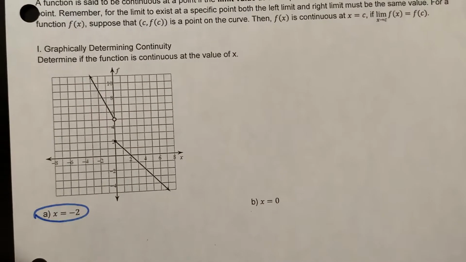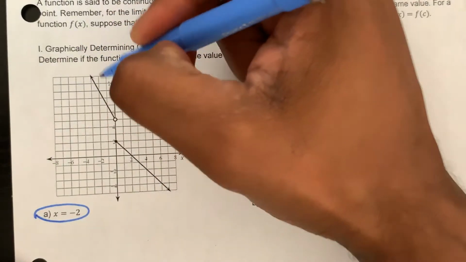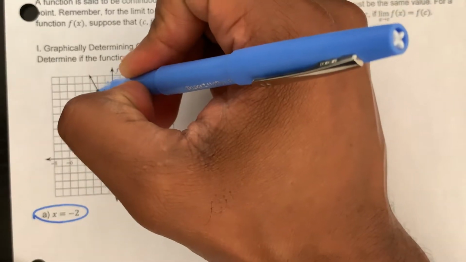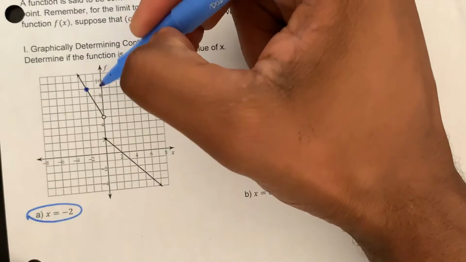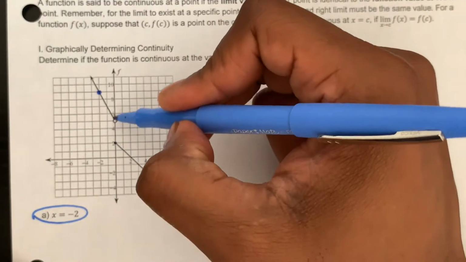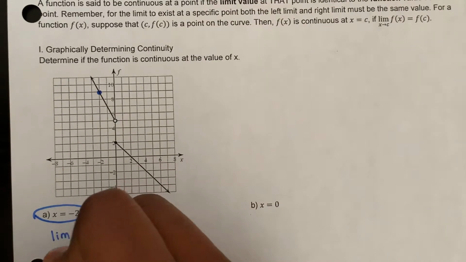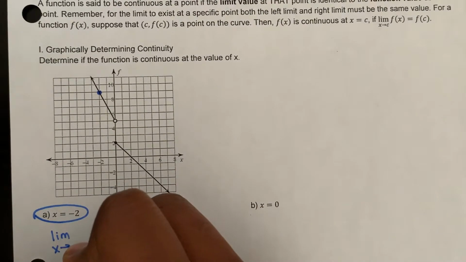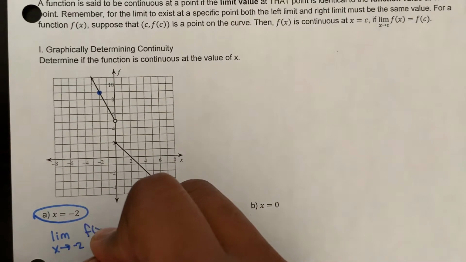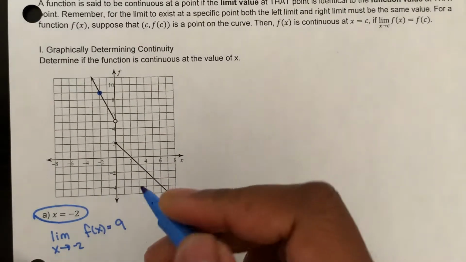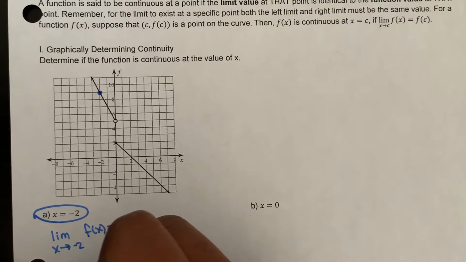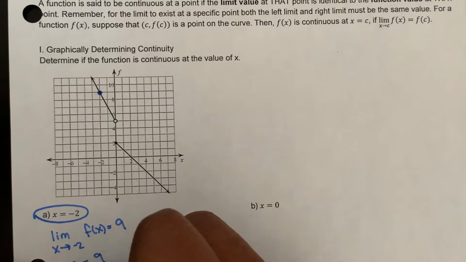When x approaches -2, the limit is 9. The limit as x approaches -2 of f of x equals 9, and f of -2 also equals 9.